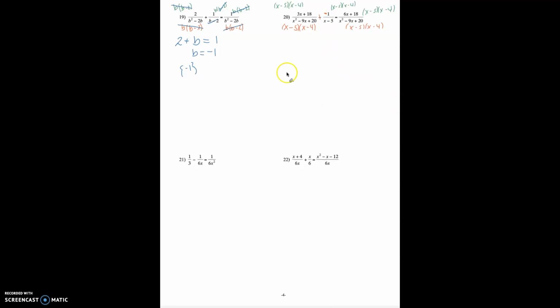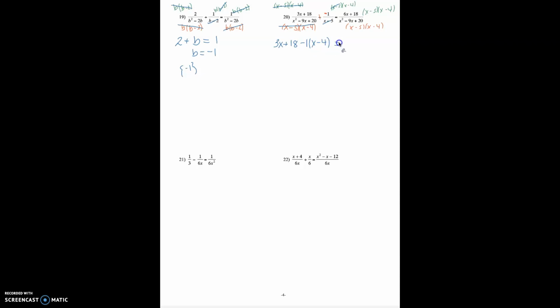So let's see what we have. We multiplied by the same thing the denominator was. So we're left with just 3x plus 18 for our first term. Second one, x minus 5's cancel. So we're left with a negative 1 times x minus 4. And I'm going to just write that in, and we'll multiply that out in our next step, distributing that negative.